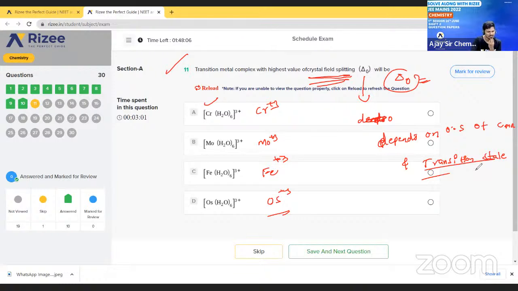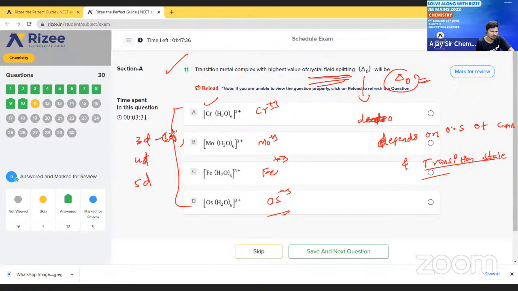What is meant by transition series? See here, among all these central metal atoms, all of these are transition metals only. Generally 3D, 4D and 5D series are present. Chromium belongs to 3D.